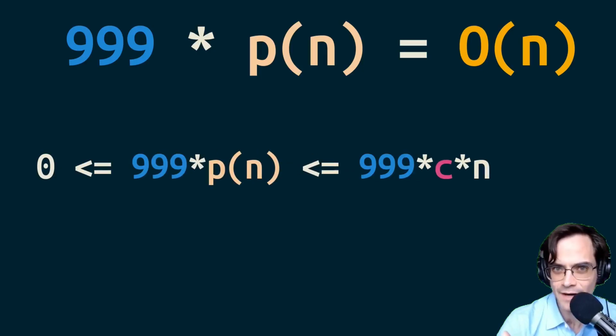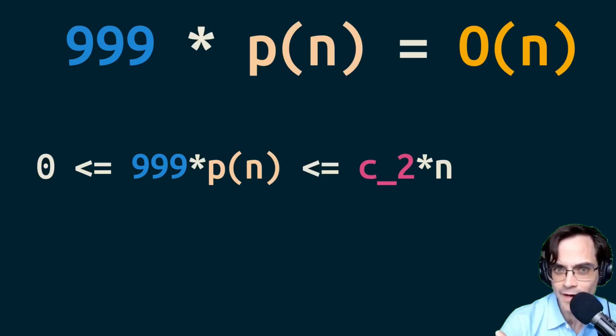Now we have that 999 times p of n is less than 999 times c times n. We're going to do a couple quick substitutions to get this into a form that will also fit the inequality from the definition. We're going to call 999 times c, c2. And we've got 999 times p of n is less than or equal to our constant c2 times n.